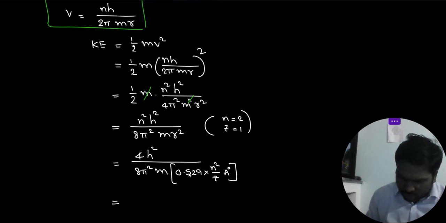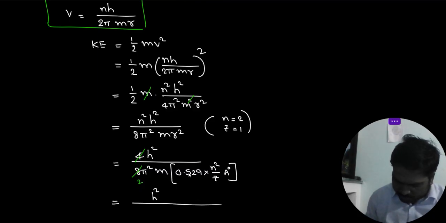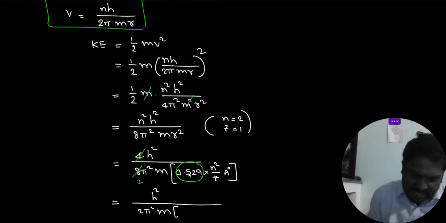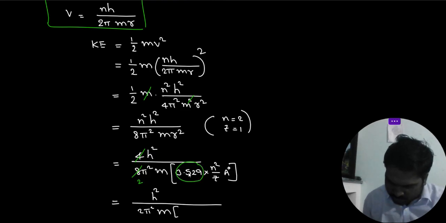Understood? Now 4 ones are 4, 2 eights are 8, cancel. So h square by 2 pi square m, and in the place of 0.529 we can take Bohr's radius, its value a naught.